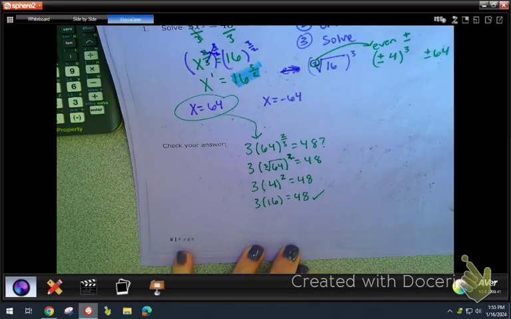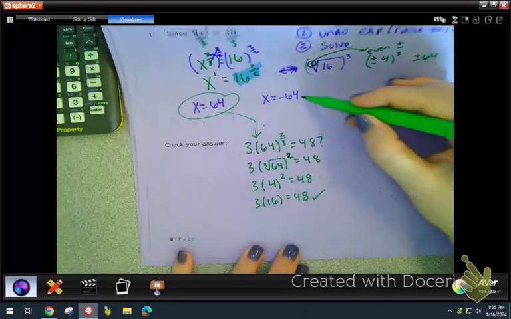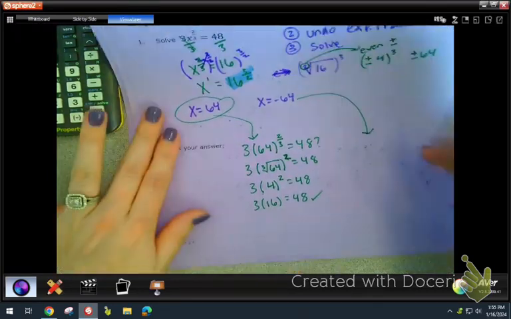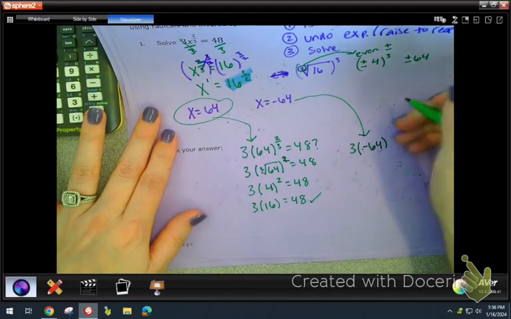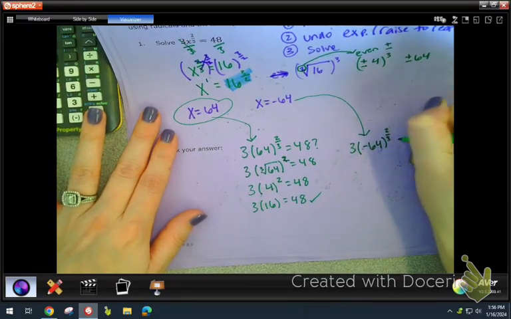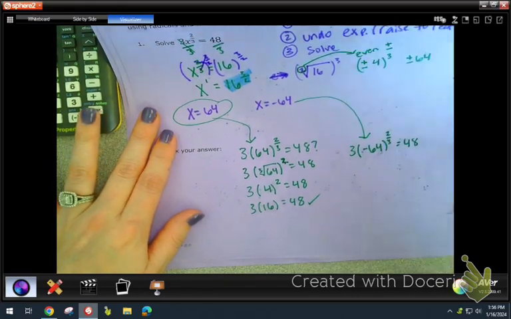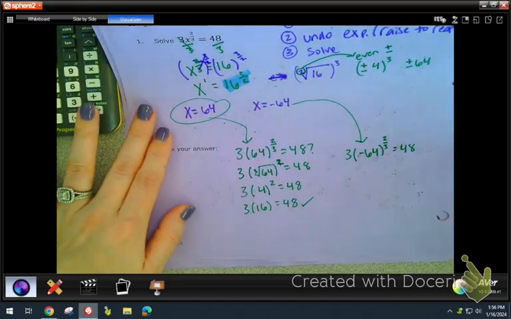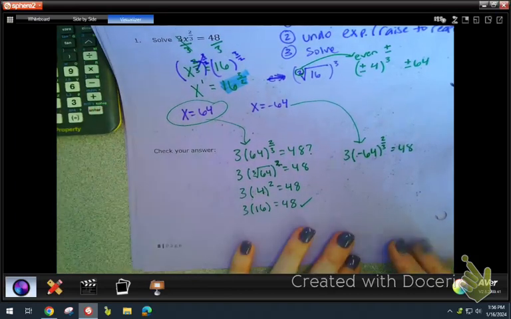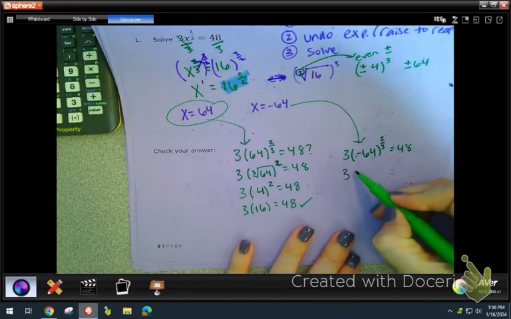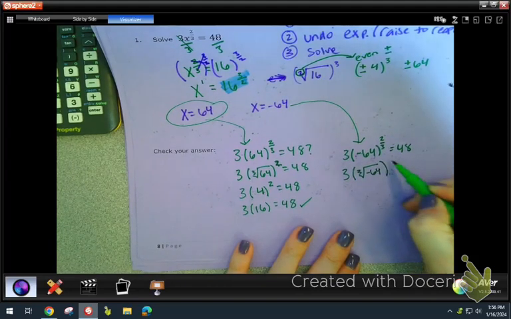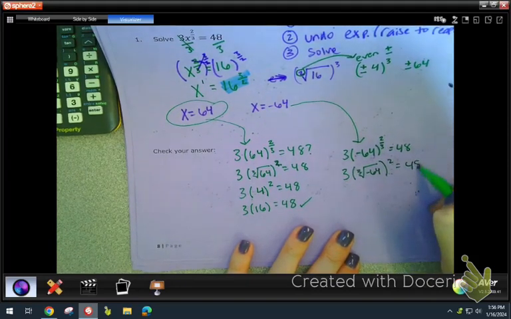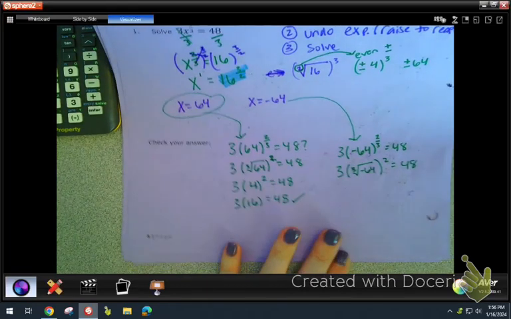Okay. And on the other one, you would have a negative 64 that you're plugging in. And again, I'm just plugging in when I'm checking, so I don't have to worry about all these crazy details because I'm just plugging in. Can you take a cube root of a negative? That was that last question on your homework, or on the 8.2 homework.